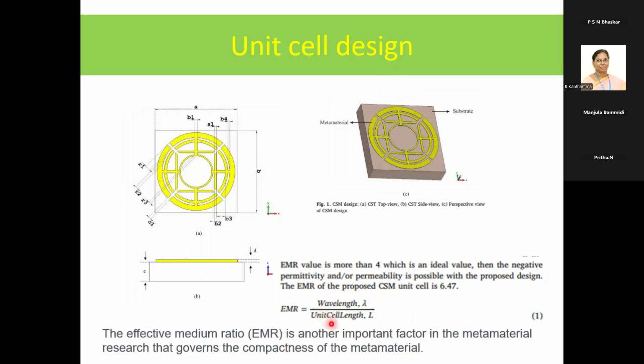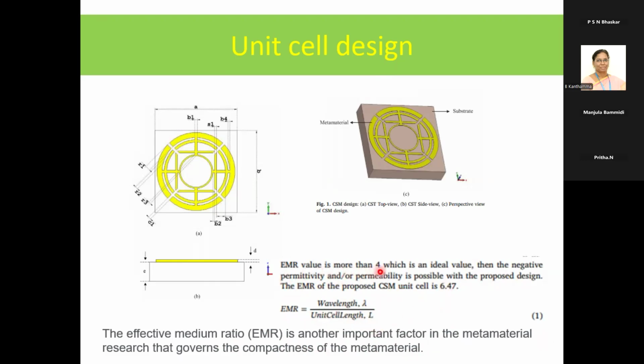As we said, the size must be very much smaller than the wavelength. So smaller sizes are always preferable. Smaller size is possible, so the EMR must be as large as possible.